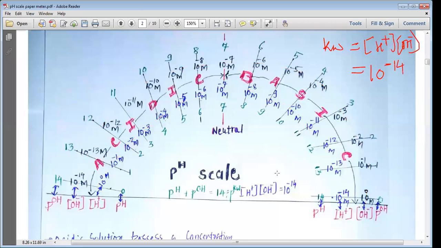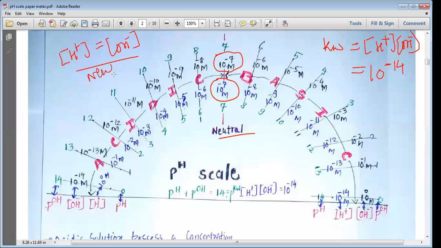When you have a neutral solution, the concentration of H plus is 10 to the power minus 7 and the concentration of OH minus is 10 to the power minus 7. That means both are equal, and that gives us the neutral condition.